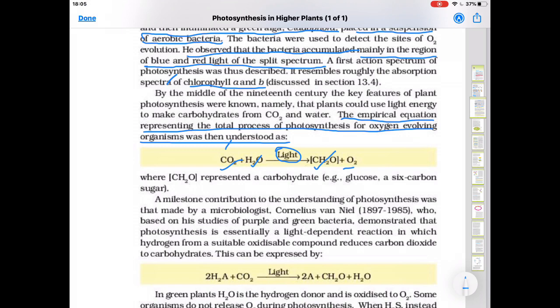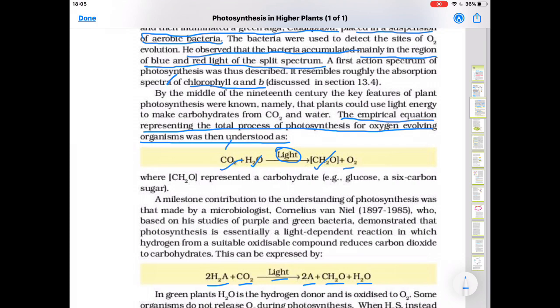So they expressed the reaction as H2A plus carbon dioxide in the presence of light forms 2A plus CH2O plus water. In green plants, water is a hydrogen donor and is oxidized to oxygen.